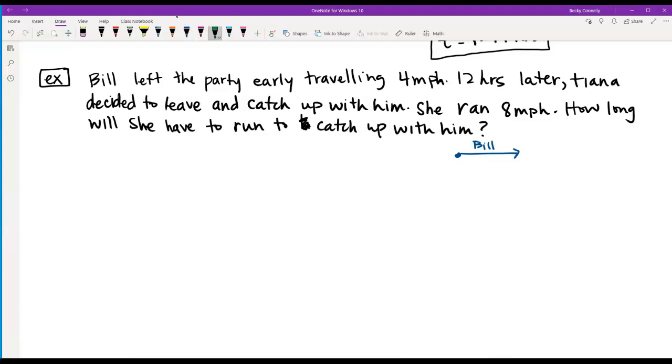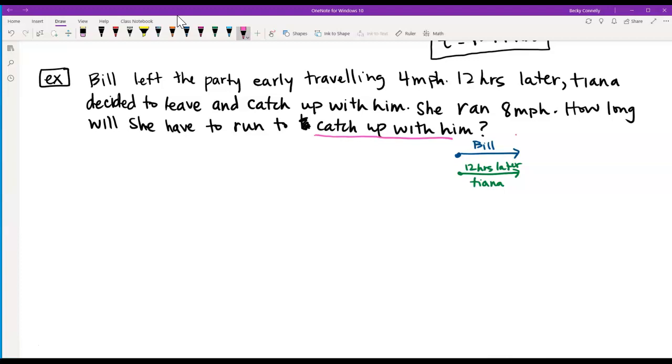And then Tiana left. But she left 12 hours later. I'm just going to write that here to keep in mind. We're trying to figure out when she's going to catch up with him.